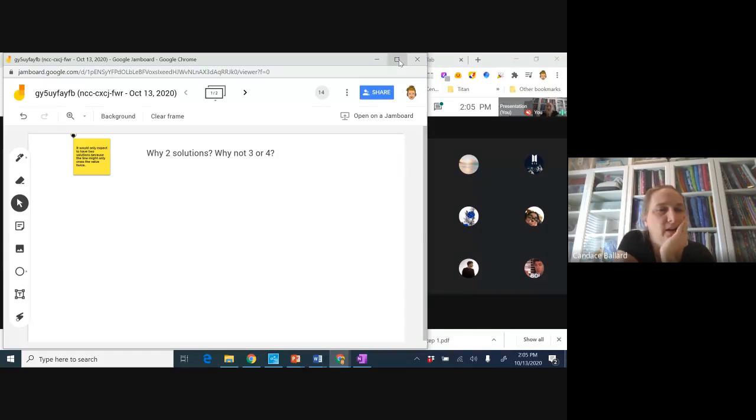Oh, we got one. Good. Awesome. We got a couple. Make sure you move it because everybody's sticky note kind of lands in the same spot. So move it so it's kind of somewhere else on the board.